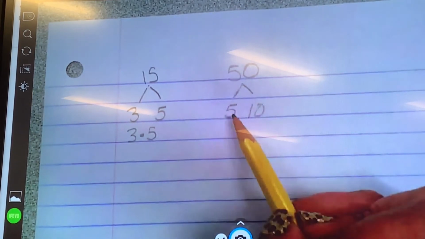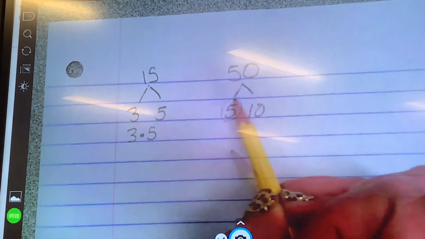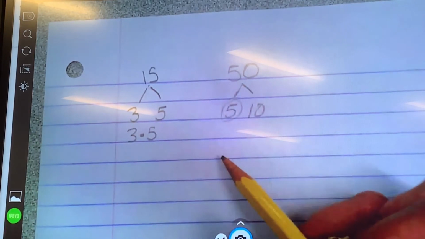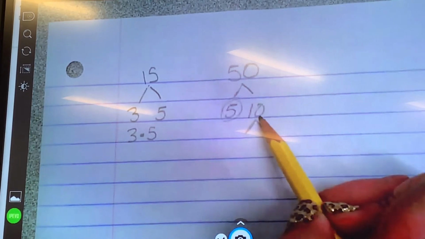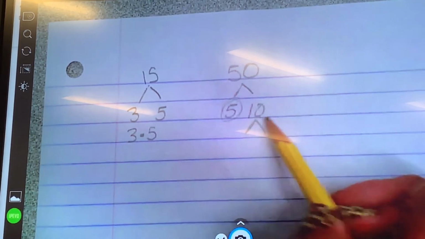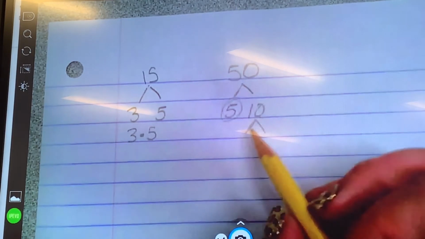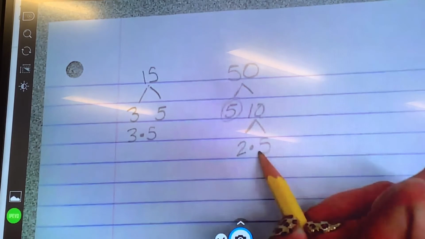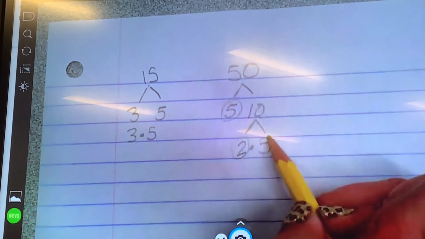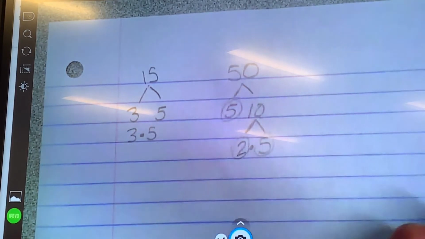Well, 5 can't get any smaller, so it's prime, so we're going to circle it so it doesn't get lost. Then we're going to break our 10 up because, again, it ends in 0. So it's also an even number. So I know that 10 is 2 times 5. Both of those are also prime.